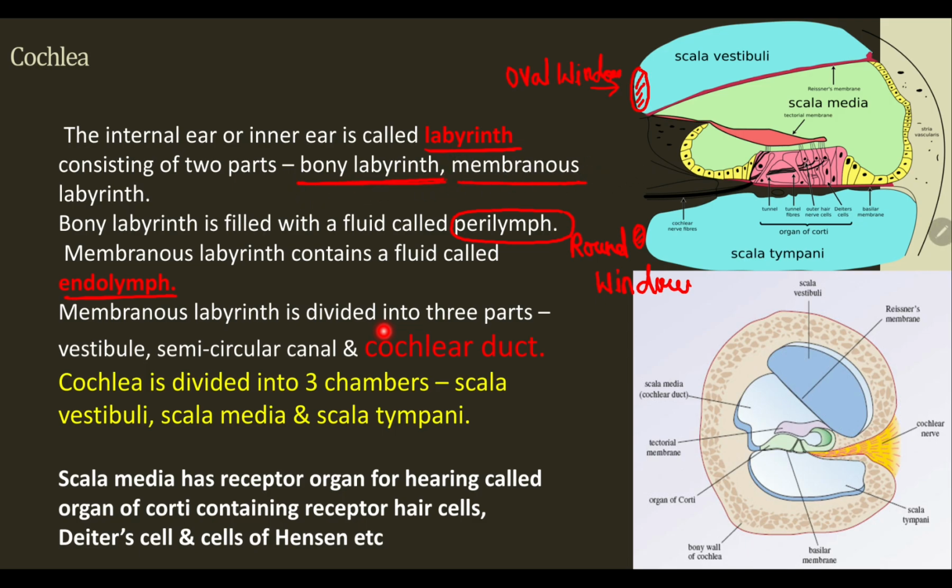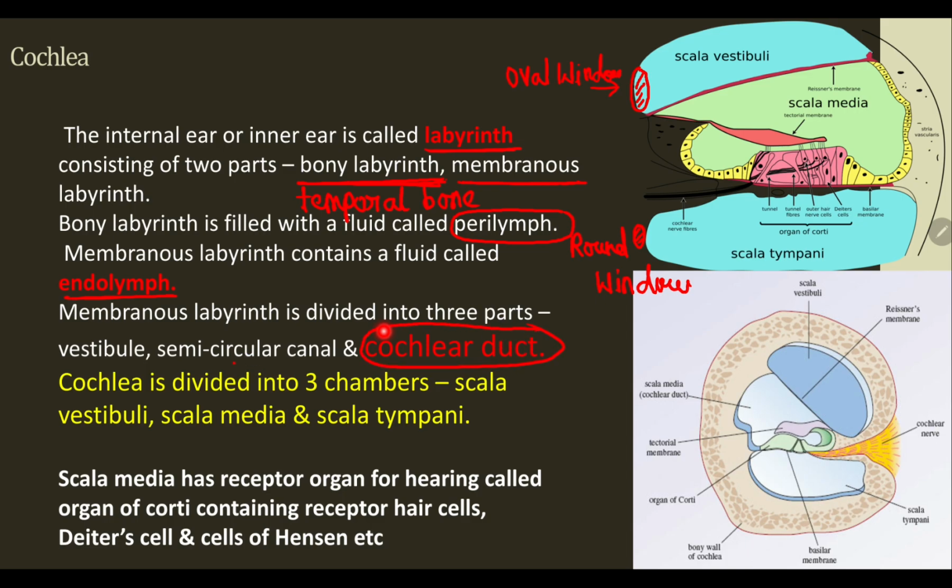Our internal ear has two parts: the bony labyrinth and the membranous labyrinth. The bony labyrinth is made by the temporal bones. The next part is the membranous labyrinth, which has three parts. One is the cochlea, or cochlear duct.